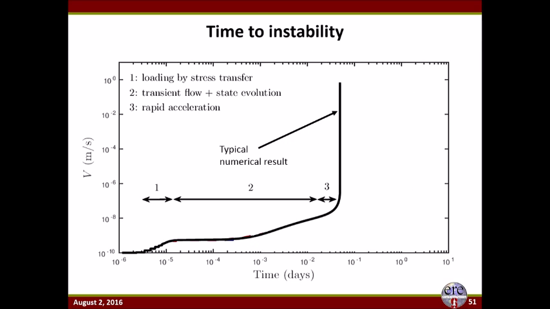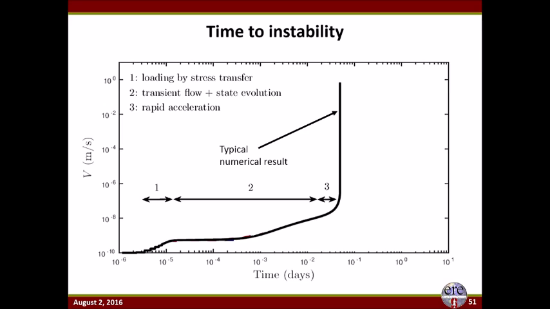I mentioned that we used rate and state friction in this model, and so that allowed us to calculate accurately the transition from slow sliding or stuck faults up to rapid sliding when the earthquake has nucleated and begins to rupture. This is a typical numerical result showing the evolution of sliding velocity over time at the main shock nucleation site.